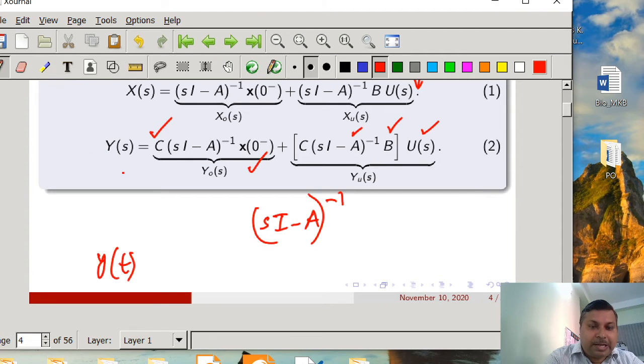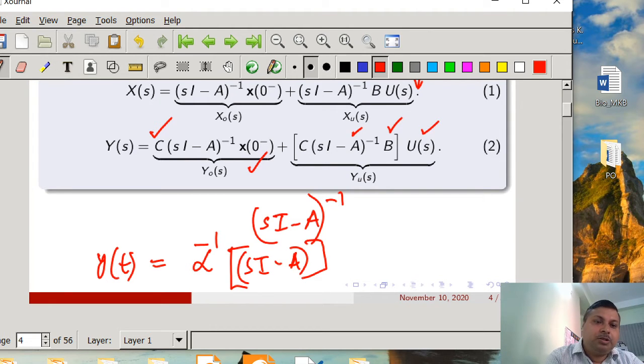And if you take the inverse Laplace at both sides, C is constant, x0 is also constant. So now you are observing that you have to take the inverse Laplace of (sI minus A) inverse whenever you are going to compute y(t), because C is constant, x0 is constant, B is constant.